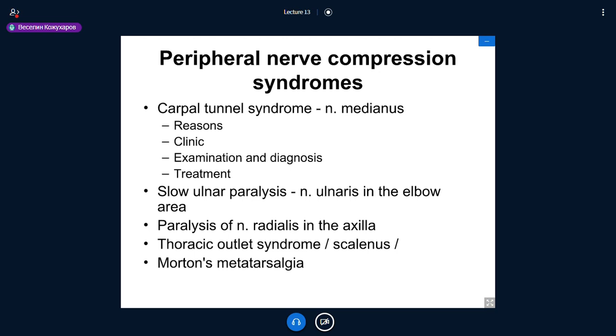But if we talk about compression of physiologically narrow places, or compression by a space-occupying process, usually there is a necessity of surgical treatment.